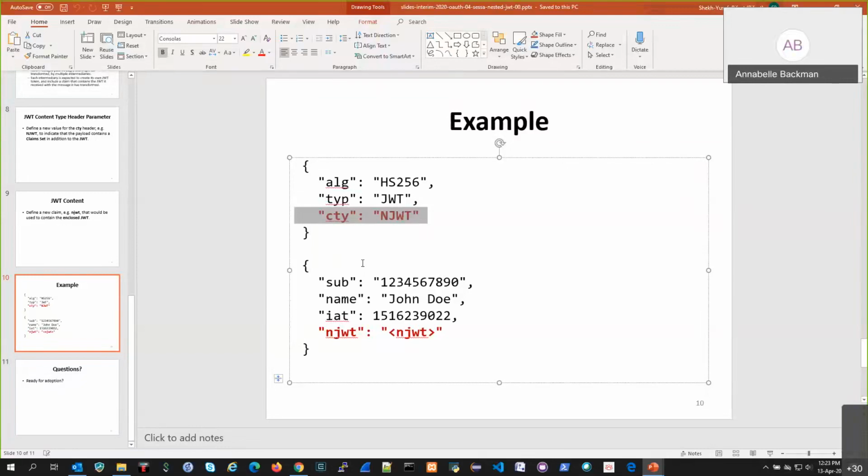So maybe that's a way to think about the naming here. The nested JOT term kind of refers to the thing inside, but if we want to describe what the thing outside is, it's not a nested JOT, it's an envelope around some payload that is a JOT. So food for thought there.